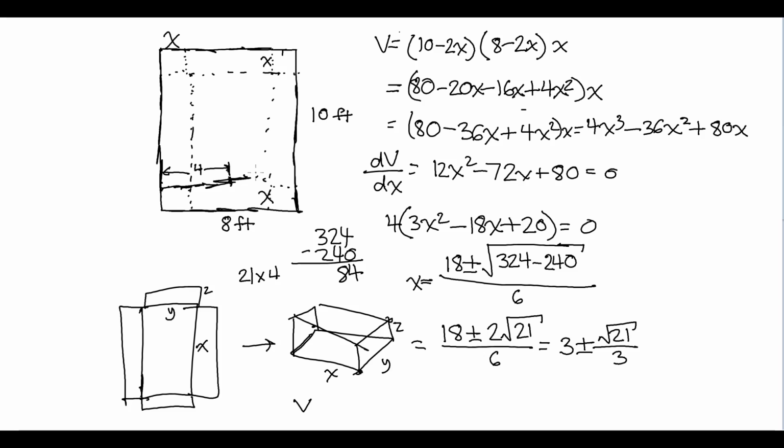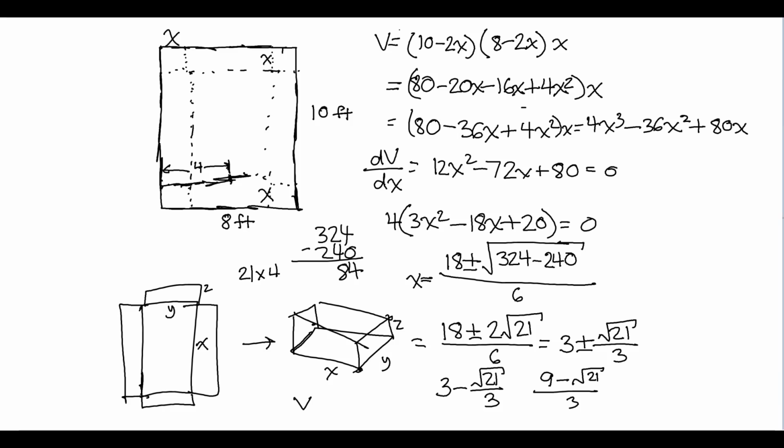So we have to pick 3 minus the square root of 21 over 3, or 9 minus the square root of 21 over 3. You should have actually been doing this, but if you want to check, it's always good to check.